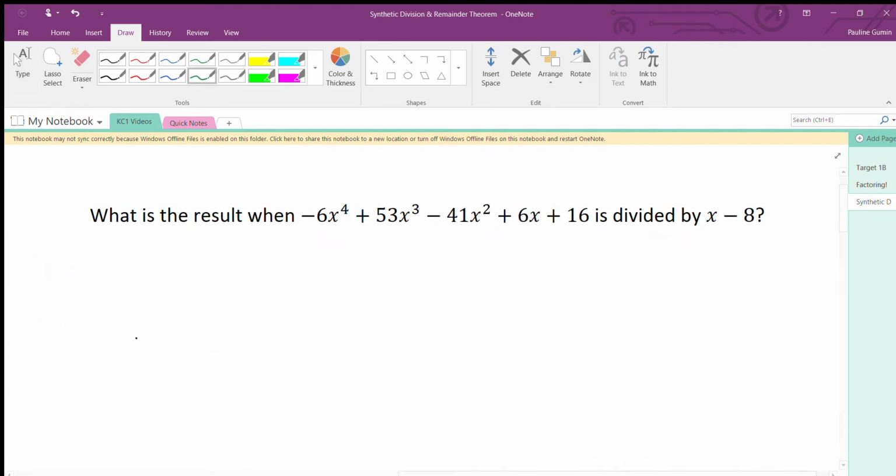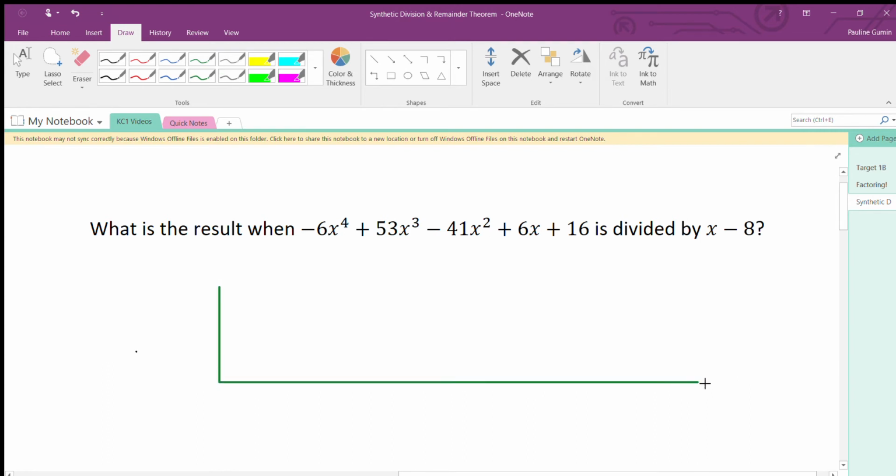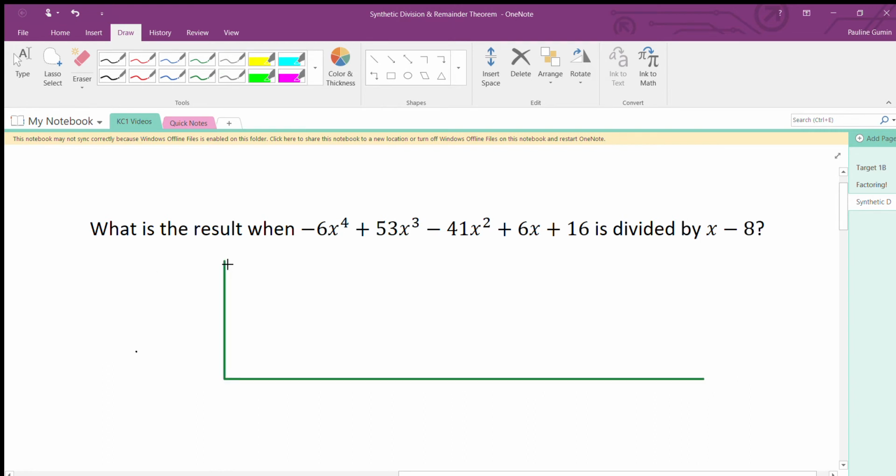Let's divide again. I'm going to start my synthetic division by creating the symbol. Okay. Once again, I'm going to put the opposite of this divisor out here. So we have positive 8 because it's minus 8.